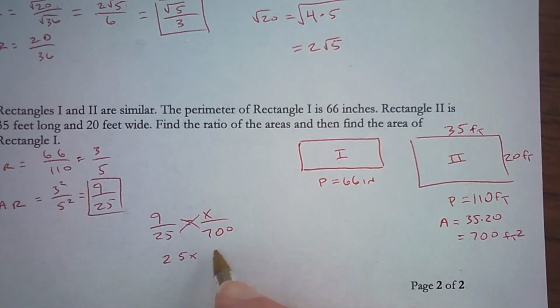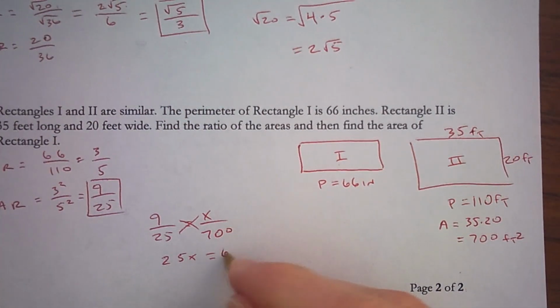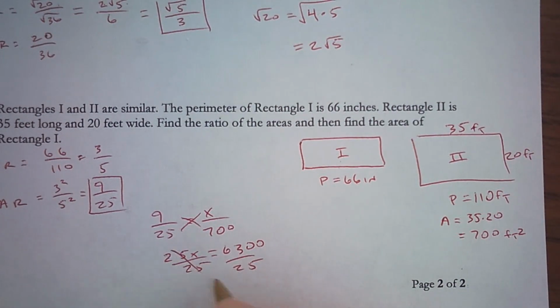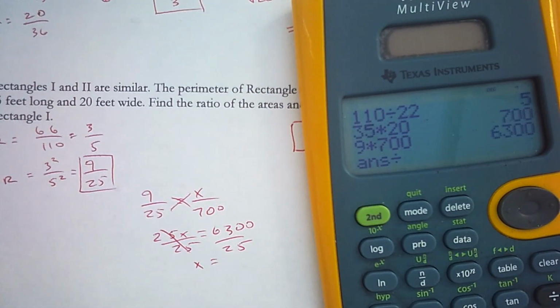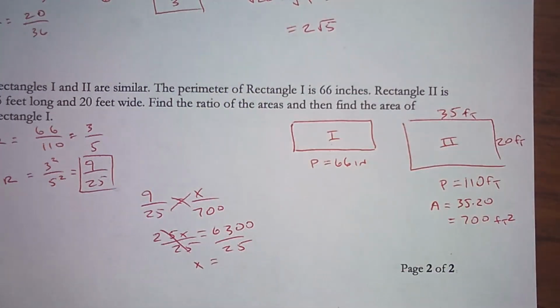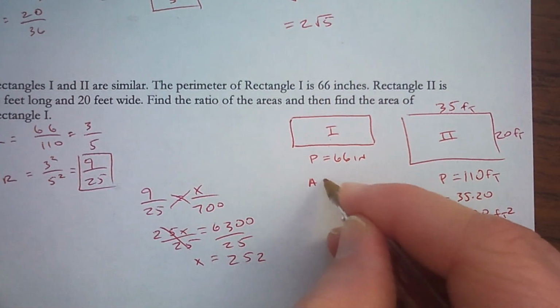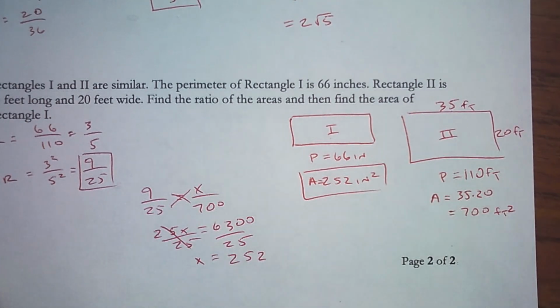So we have 25x equals 9 times 700, 6,300. And divide by 25. And we get 252. So the area of this smaller figure is 252 inches squared.